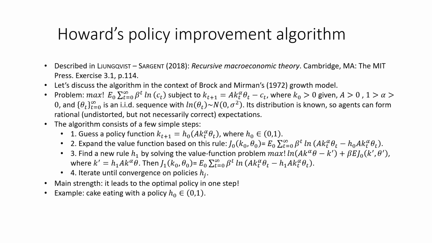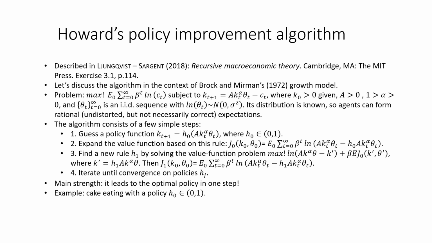This is a very simple algorithm. It can be repeated for good, but we don't need to repeat too long, because this algorithm produces the optimal policy in one single step. So after one round of iteration, we will have the final and optimal policy rule.